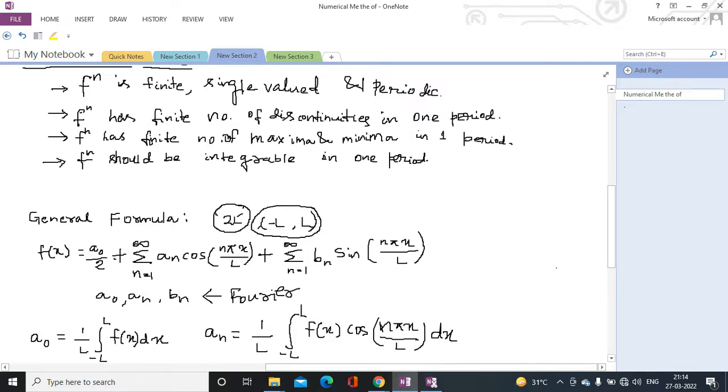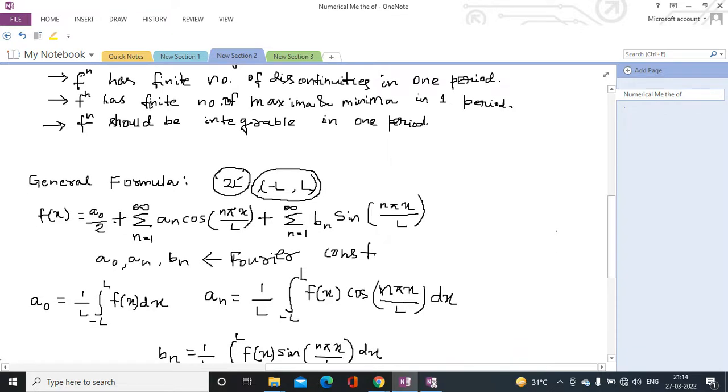Guys, these are Fourier constants, and in the question we are generally asked for the value of the Fourier constants, or to write the Fourier series. a0 is the constant term in the Fourier series. What is its value? That is 1 by L integral from minus L to L of f of x dx. This is the integration of f of x dx.